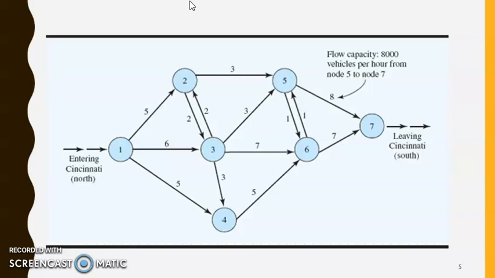No, it is not like that. For example, if we focus on the road 1, 2, 5, 7.